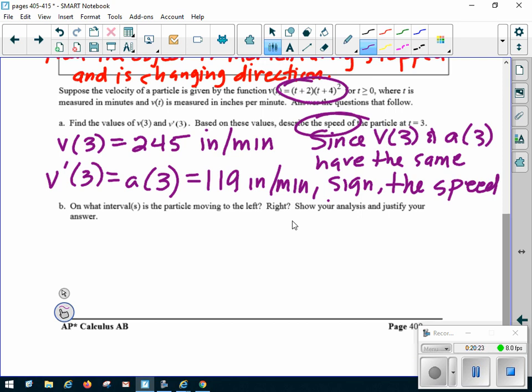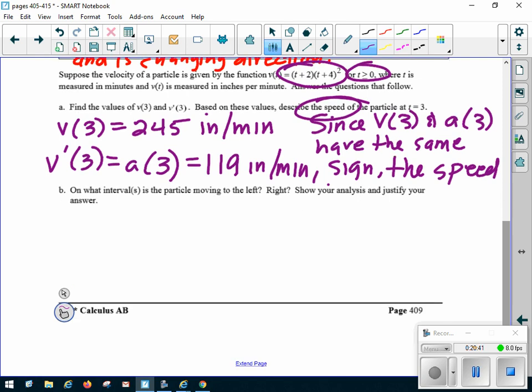All right. V. What are my critical numbers on velocity? Which means on the interval I am given, I don't have any critical numbers. Correct? Yeah, because it says negative. So here's what that means.